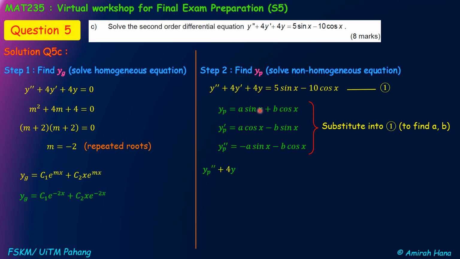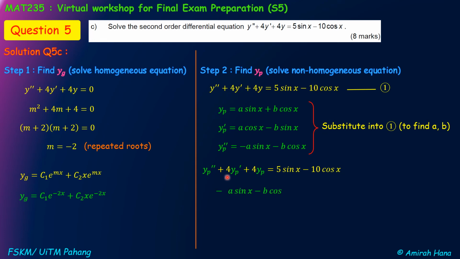After we substitute yp, yp prime, and yp double prime into equation 1, we replace y double prime with yp double prime, plus 4 times yp prime in place of y prime, plus 4 times yp in place of y, equals 5 sin x minus 10 cos x.